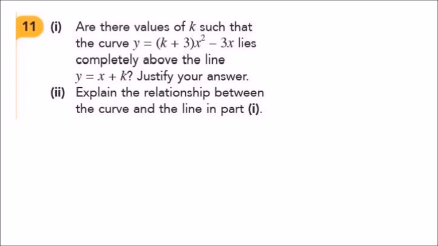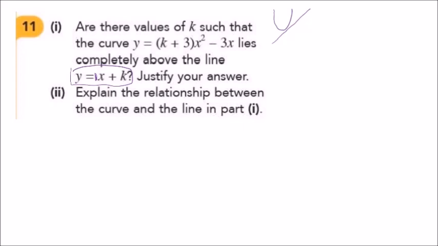A curve lies completely above the line. We have a curve, and if you look at this line here, the gradient is 1, a positive value, so your line will look like this. What we are saying here is that we're not sure if the curve lies completely above the line.